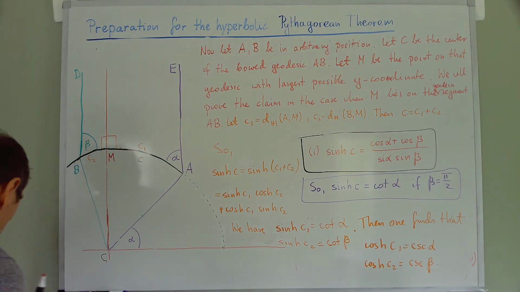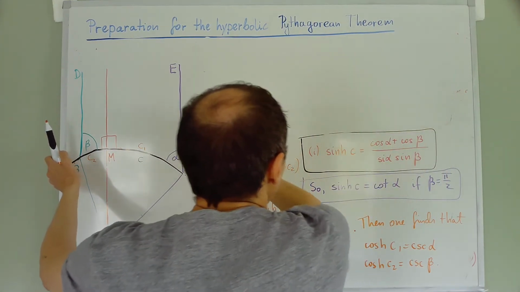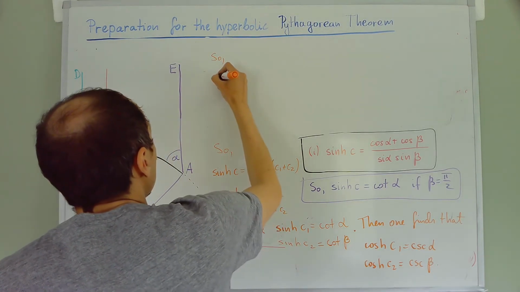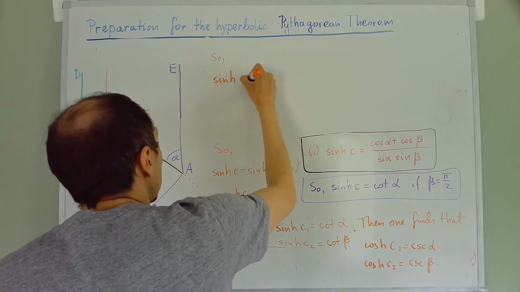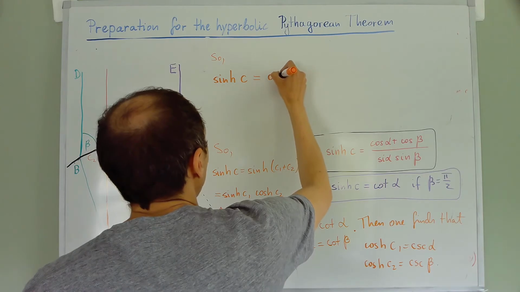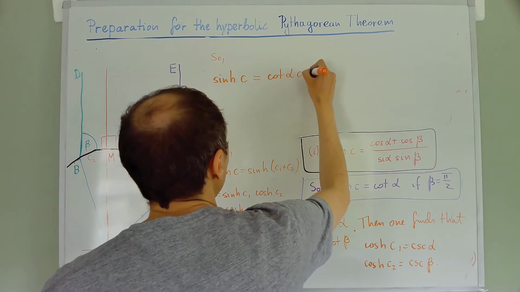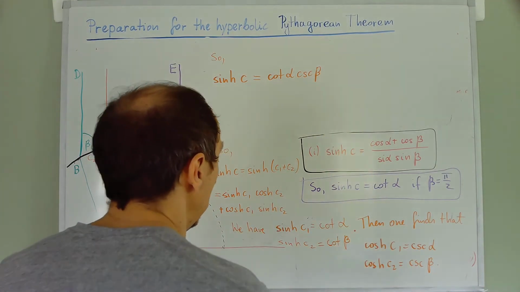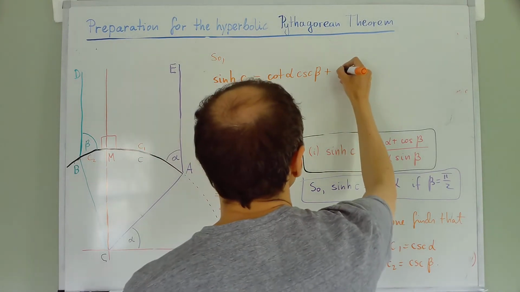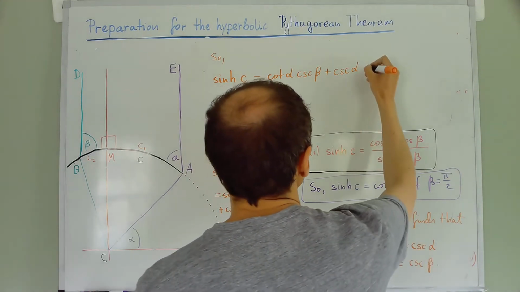Okay, so once you have that, what do we get? sinh C is equal to sinh C1, so that's cotangent alpha, times cosh C2, that's cosecant beta, plus cosh C1, that's cosecant alpha, times sinh C2, that's cotangent beta.